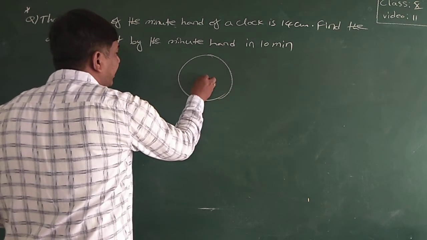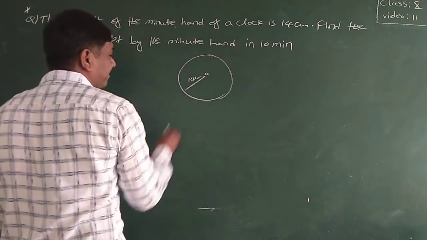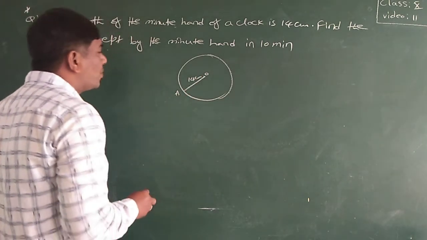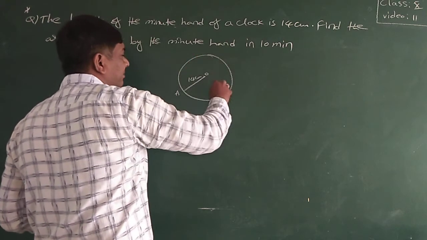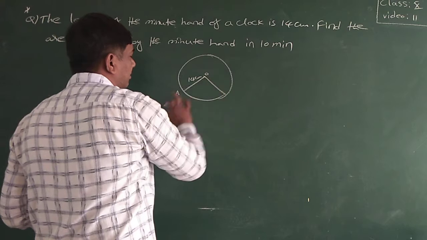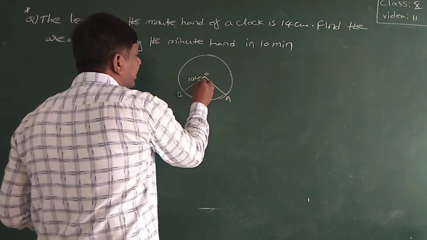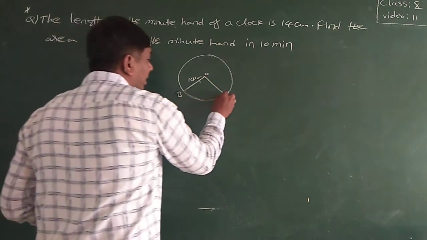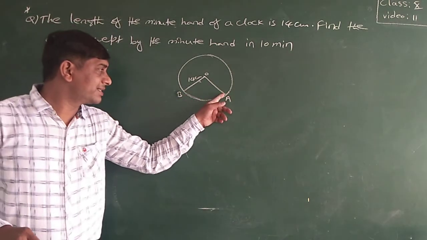The minute hand is 14 centimeters, which means that is the radius. In 10 minutes, how much distance may it cover clockwise? Somewhere here. This is A, this is B. In 10 minutes this is the distance covered.